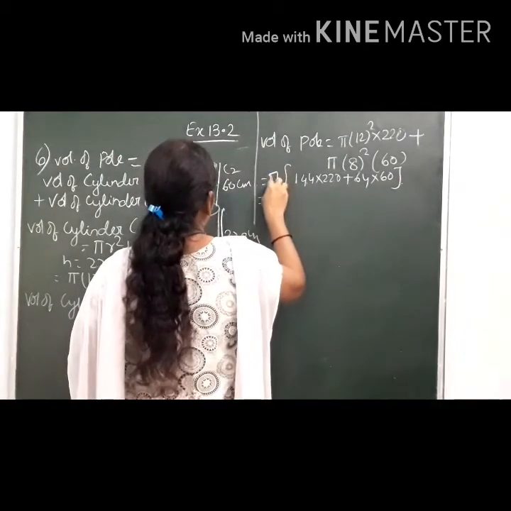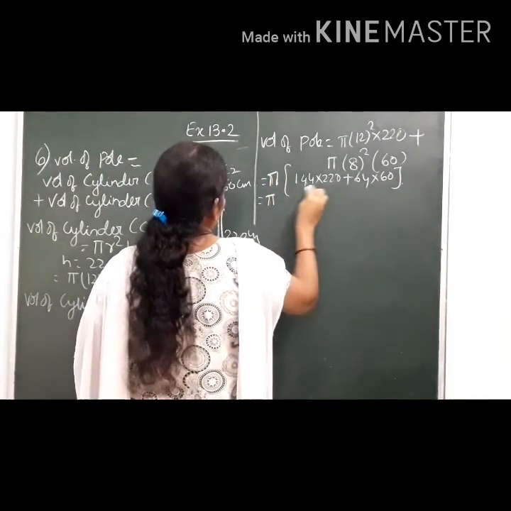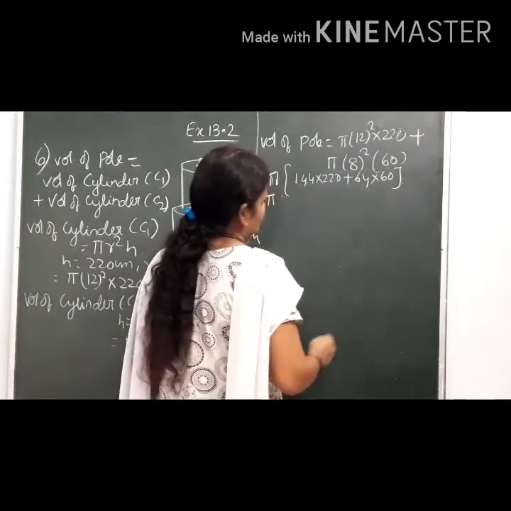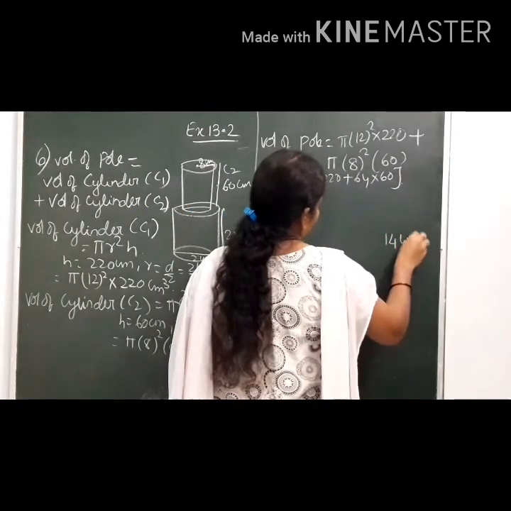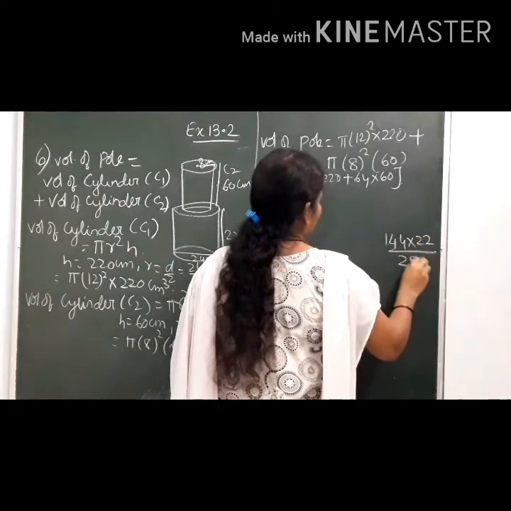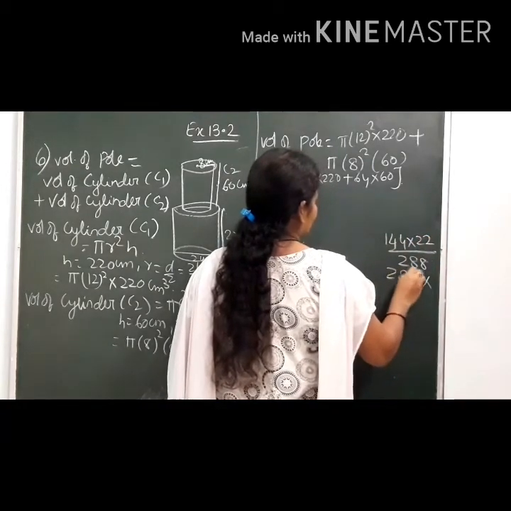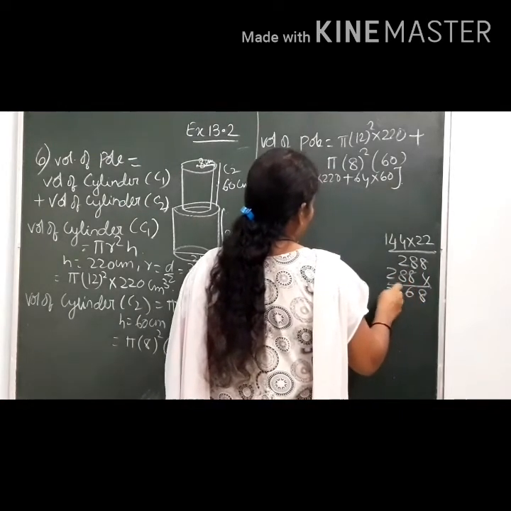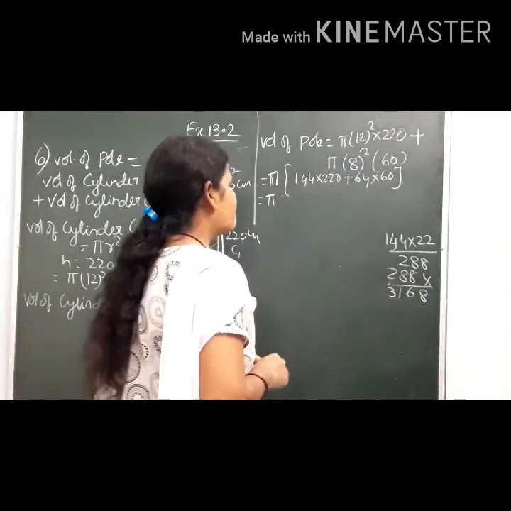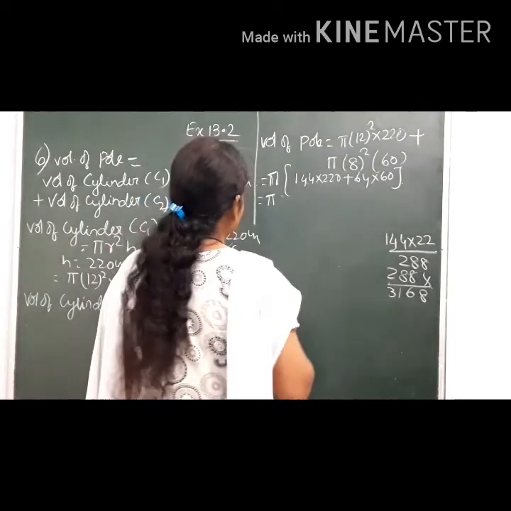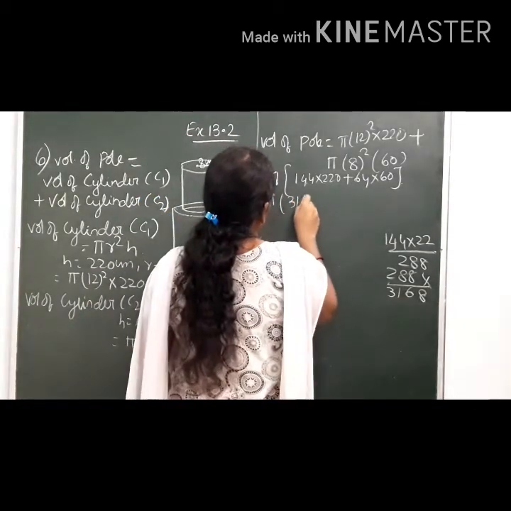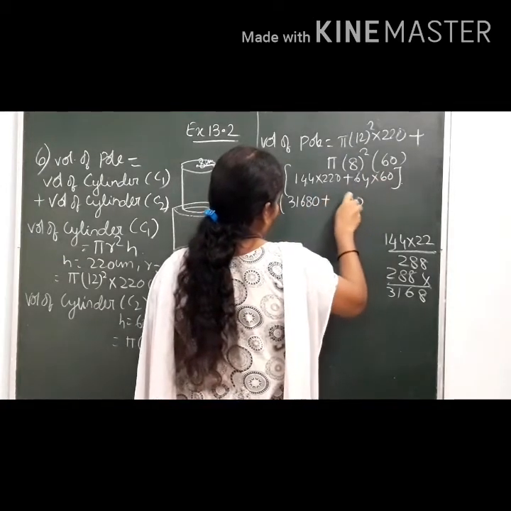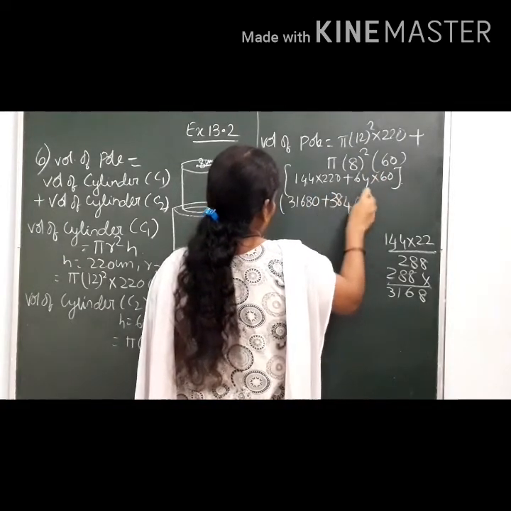So what will we get? 144 into 220 is 31680, plus 64 into 60 is 3840.